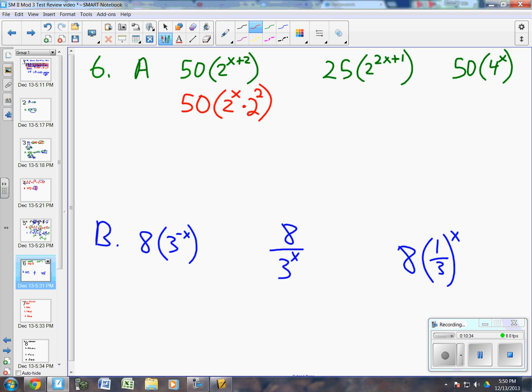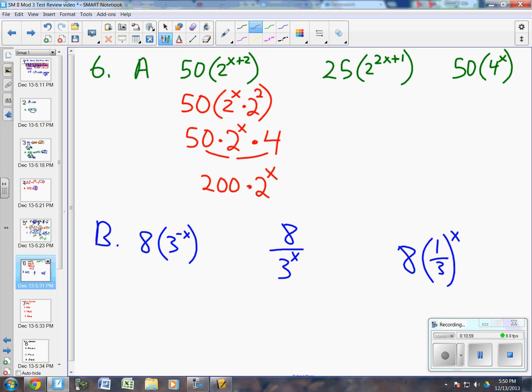We didn't need them in the first place. Well, other than implied multiplication. But we have 50 times 2 to the x times 2 squared, which is 4. And now multiplication can be done in any order that we want. And so 50 times 4 is 200 times 2 to the x power.